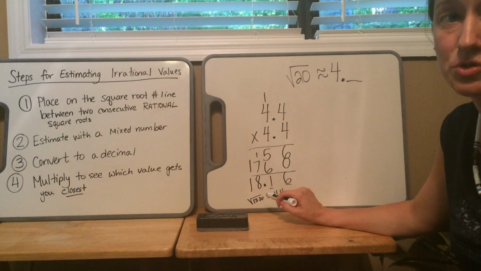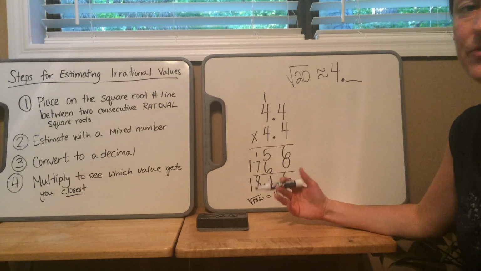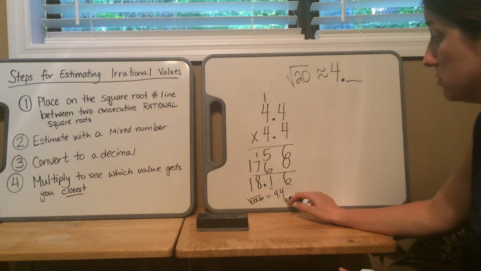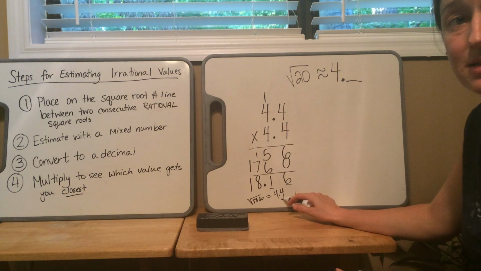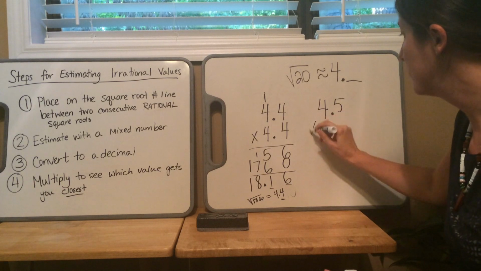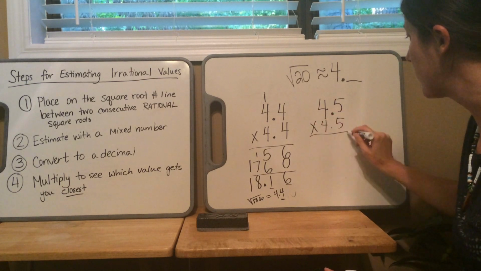We want to get closer to 20. We don't know if we could get closer to 20. Since we're below 20, we should move up a tenth to see if we could get closer. So let's try 4.5. 4.5 times 4.5.